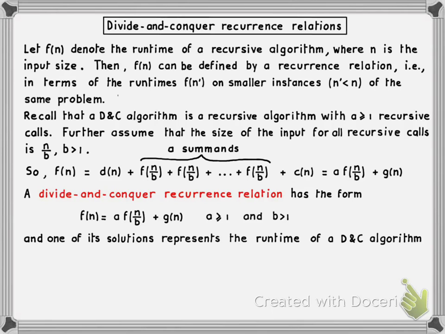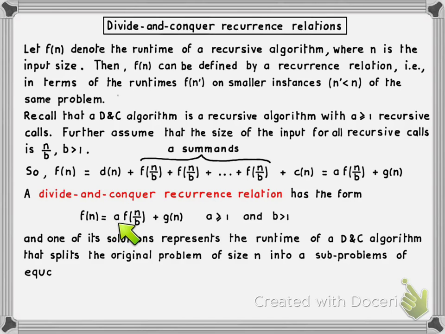And in particular, if you ended up with this recurrence relation, it is because you were modeling the runtime of a divide and conquer algorithm that divides its original problem into a subproblems, each of which has size n over b. And if you ended up with this recurrence relation, it is because the runtime of the part of the algorithm that does the divide step and the combine step together had a runtime of g of n.